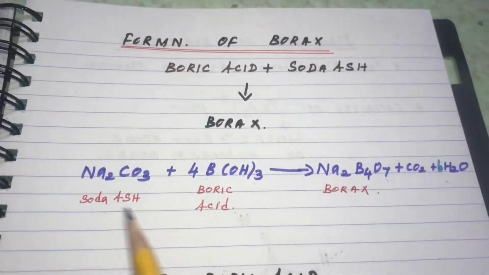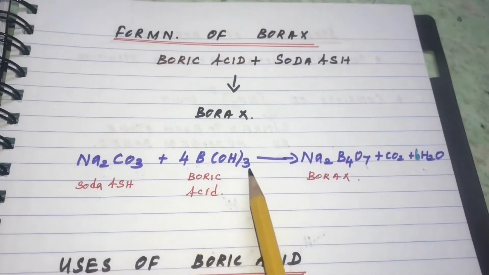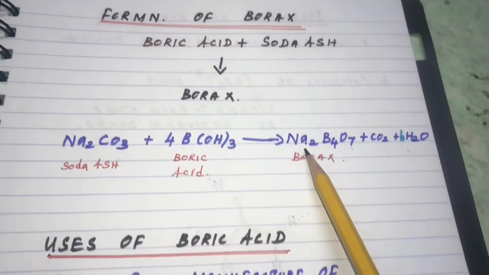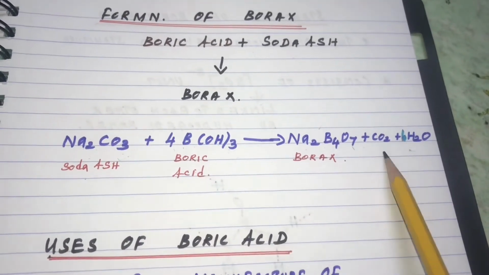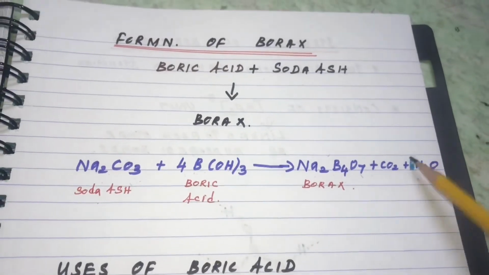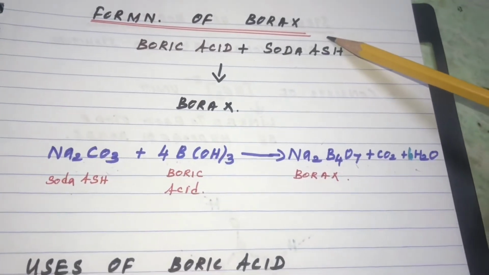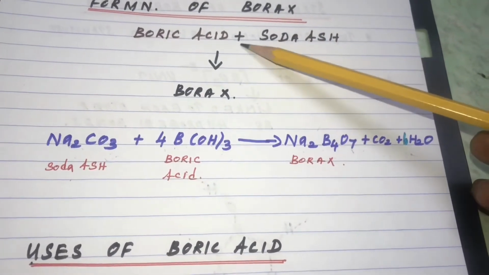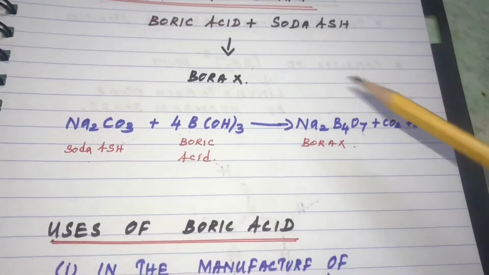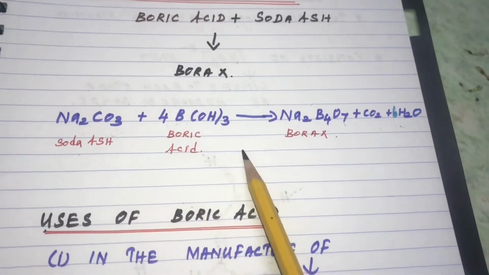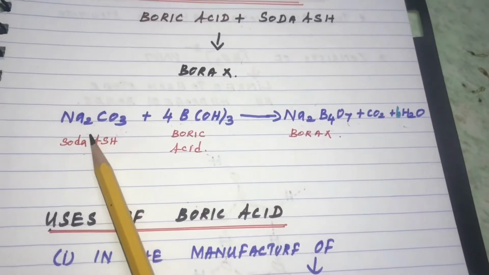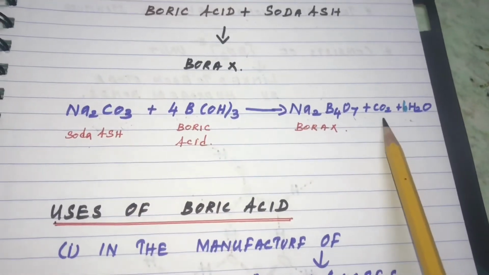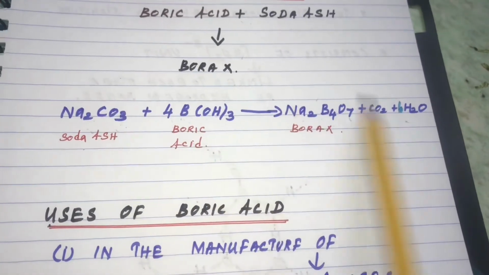So you can memorize this: 4 molecules of boric acid, sodium carbonate, borax Na2B4O7 plus CO2 plus 6H2O. So borax is formed when boric acid reacts with soda ash. Here is the balanced equation.